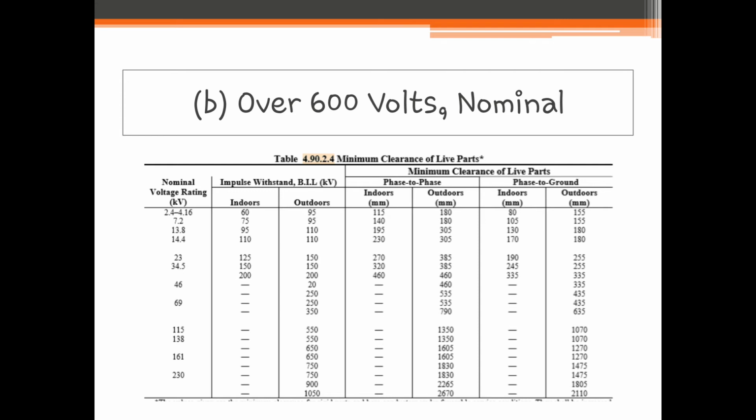So this table will be discussed in Article 4, but to give you an overview, we have the nominal voltage rating, we have 2.4 to 4.16 kilovolts for impulse withstand in kilovolts. Indoors, we have 60, and outdoors, we have 95, and so on. Murag i-discuss jud ni siya sa Article 4.90.2.4. Thank you.